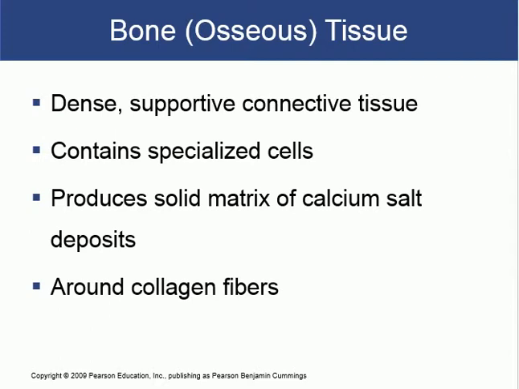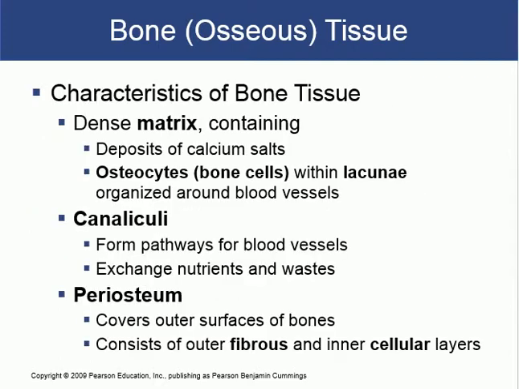What type of calcium salts? We will see. So it is collagen fibers and calcium salts, and there are blood vessels within that. So inside here you will see blood vessels.